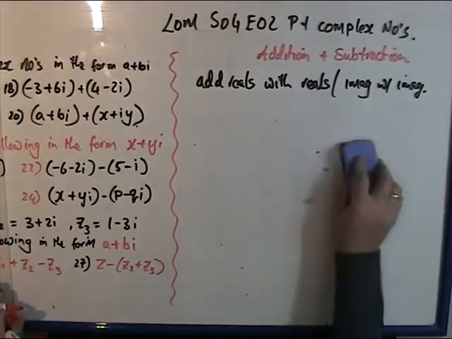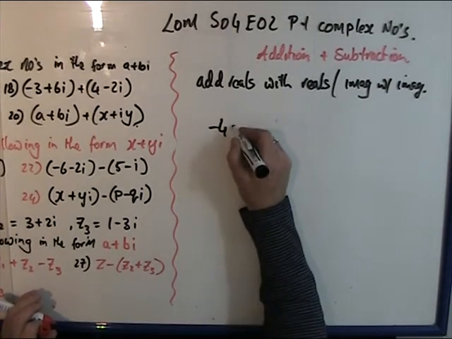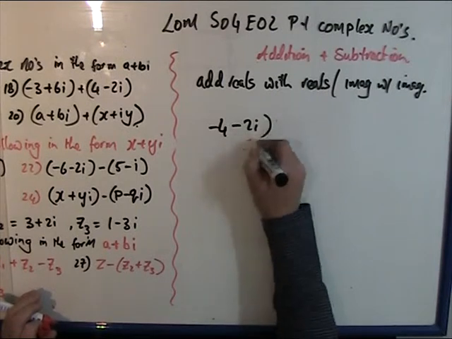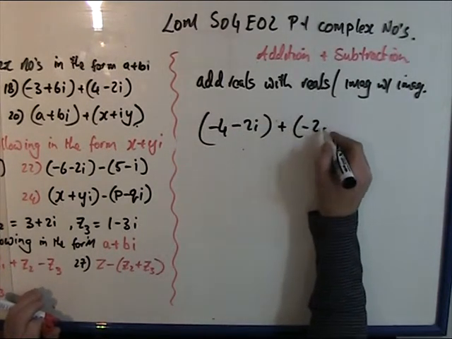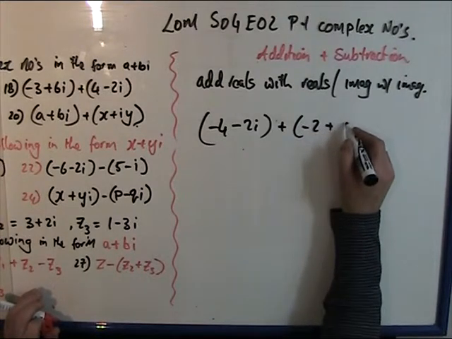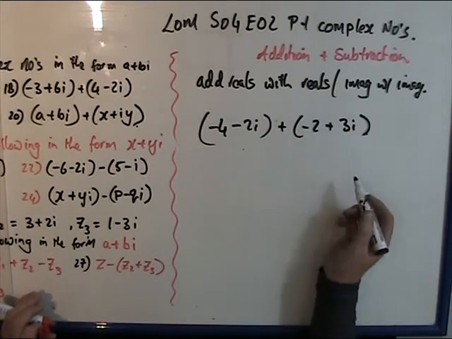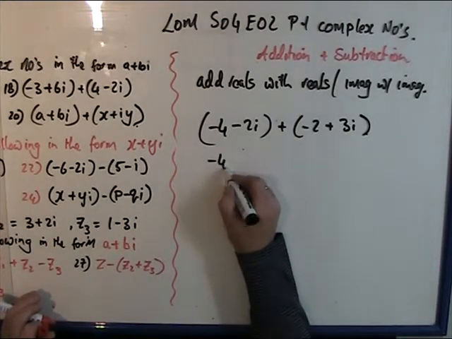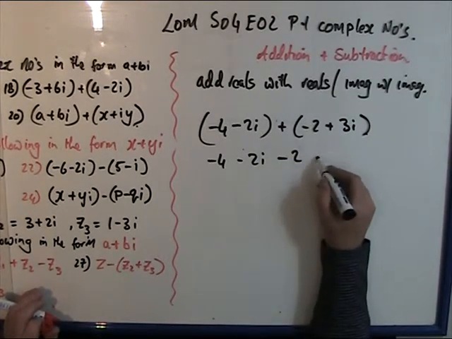Right, we'll do another question, something similar: minus 4 minus 2i plus minus 2 plus 3i. We do the same. We take out the brackets: minus 4 minus 2i minus 2 plus 3i.